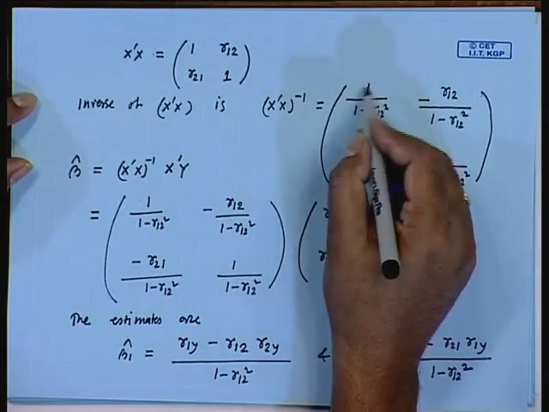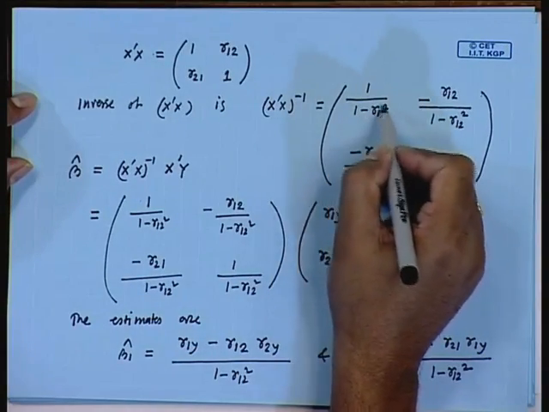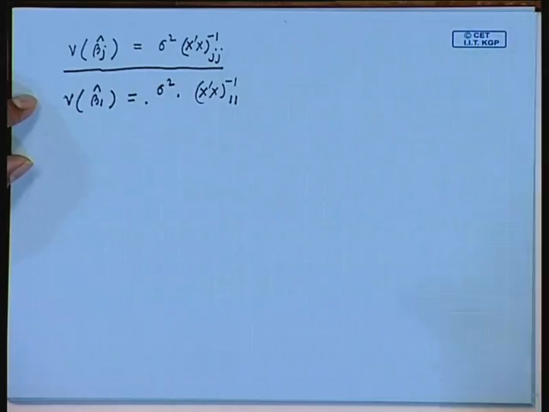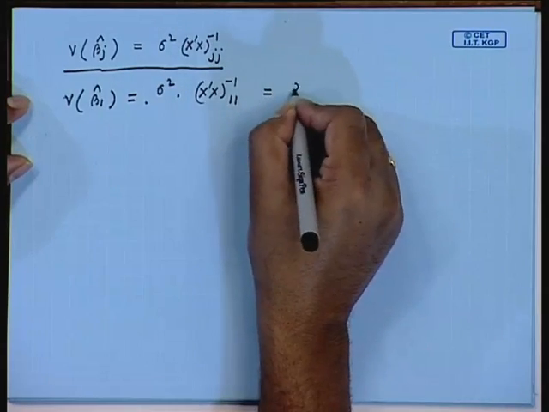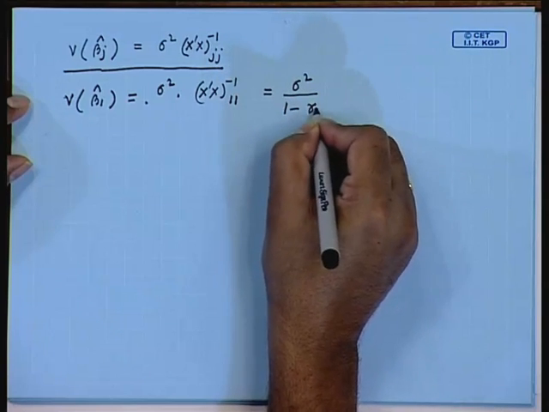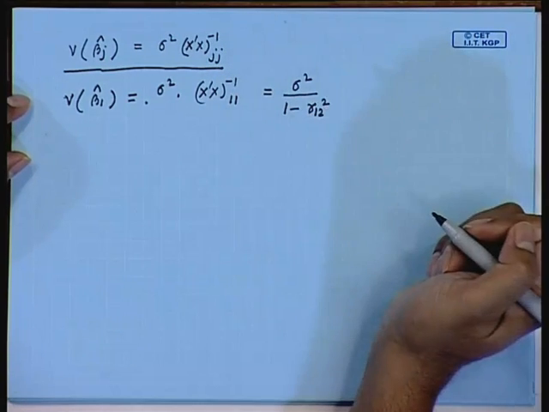The 1/1th element is 1 by 1 minus R12 square. So, this one is equal to sigma square by 1 minus R12 square.